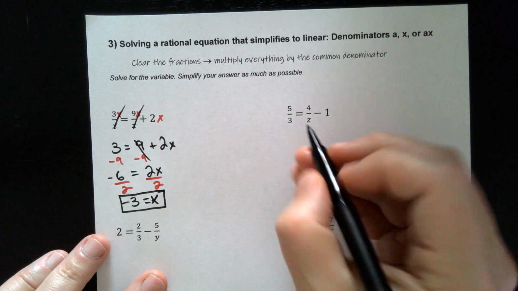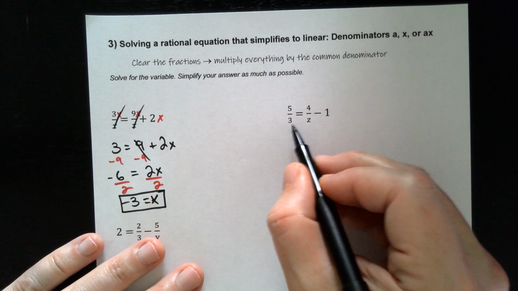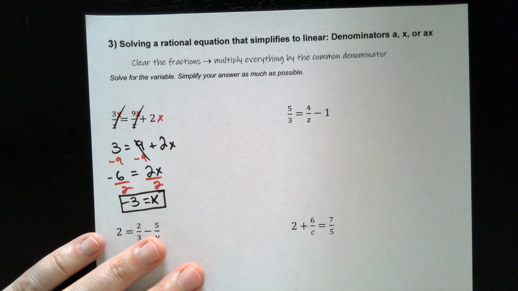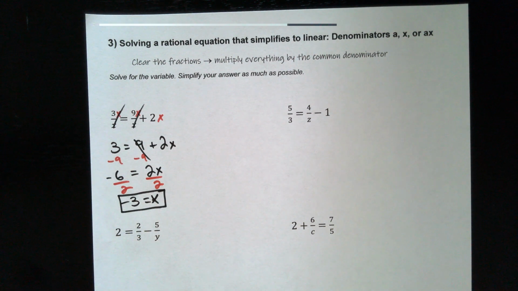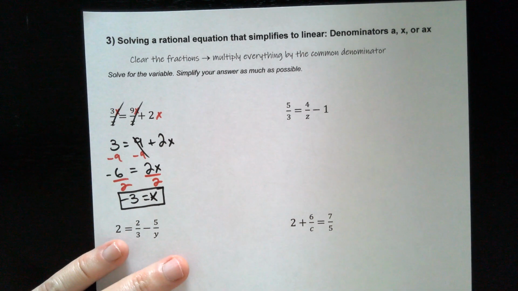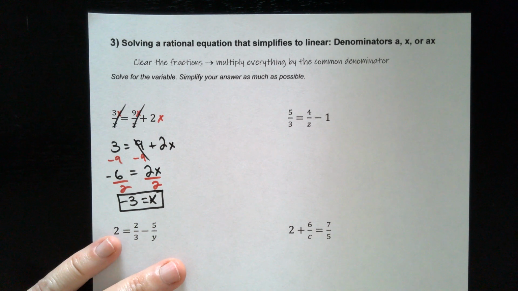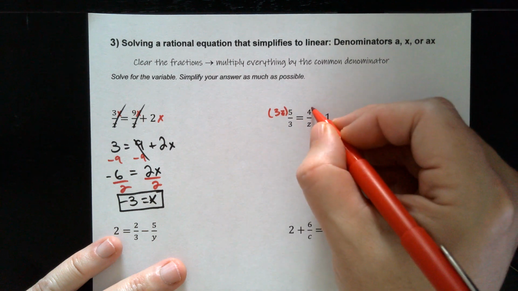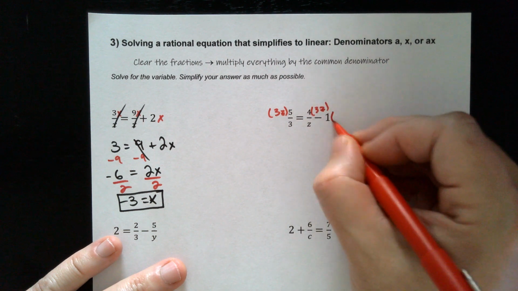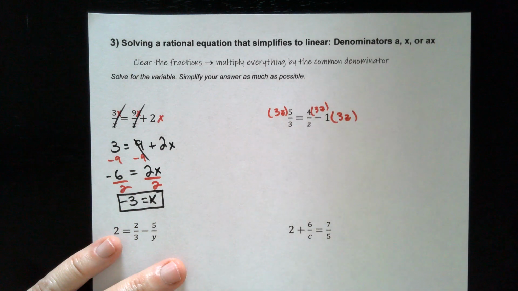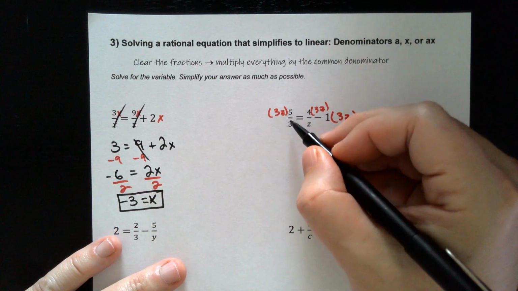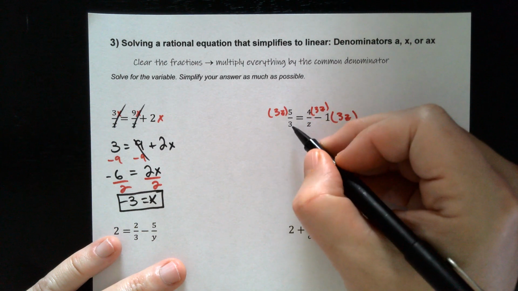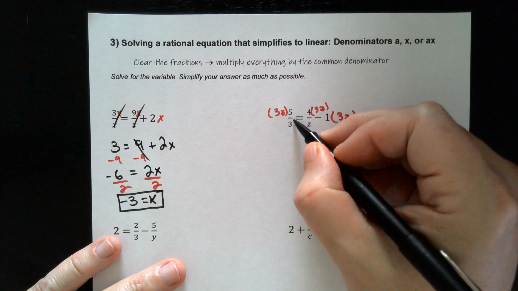Okay. On this one, we look at the denominator. We have a 3 and we have a z. So this one, we're going to have to multiply by more than just one thing. We need to multiply every term by a 3 and a z. Okay. So I'll multiply this one by 3z, this one by 3z, and this one by 3z. Okay, now looking at this first one, the 3 cancels because it's on top and bottom.